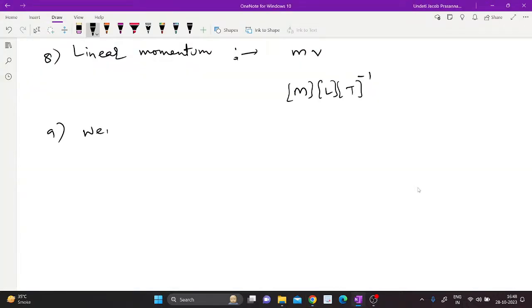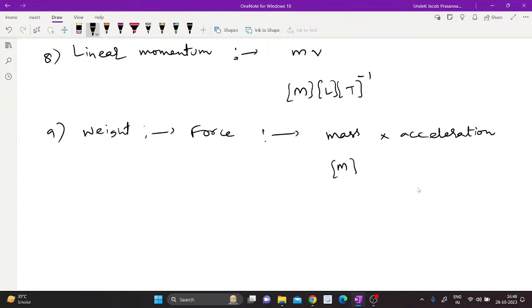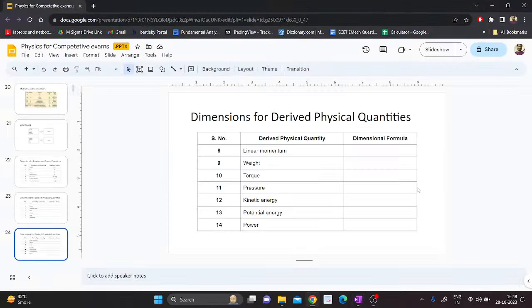Next one, weight. Weight is nothing but force. Force is nothing but mass into acceleration. So you have mass, and acceleration is L t power of minus 2. So we got the physical equation like this. Then we have the next one, torque.